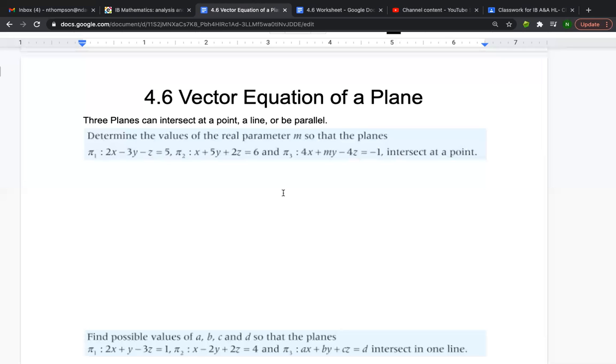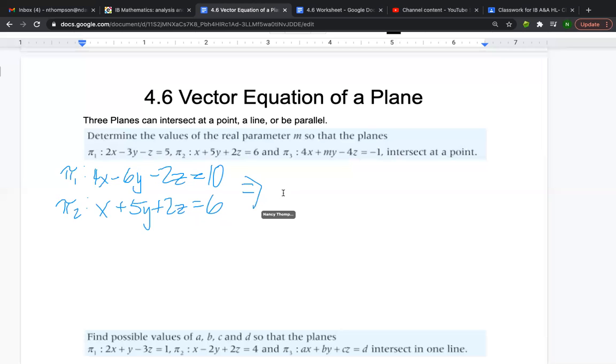So if I were to multiply the first plane by 2, I would have plane 1 is 4x minus 6y minus 2z equals 10. And plane 2 is x plus 5y plus 2z equals 6.